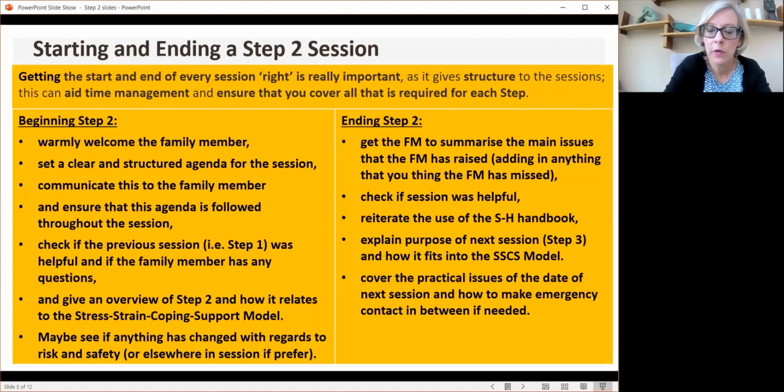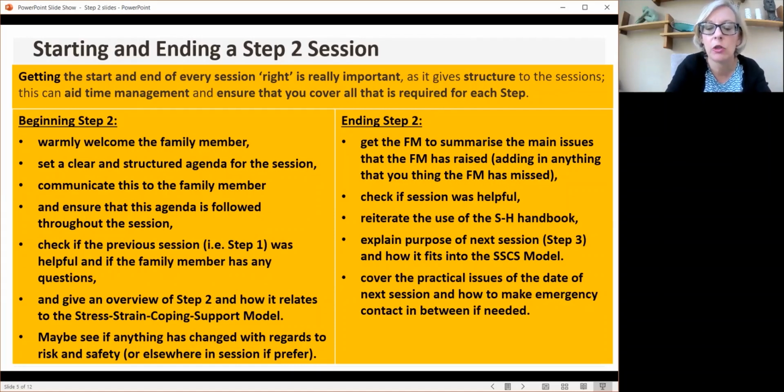And give an overview of step 2 in relation to the stress strain coping support model. The start of the session can also be a really good time to ensure if anything has changed with regards to risk and safety. But you can also do that in another part of the session, say towards the end, if that's more helpful.